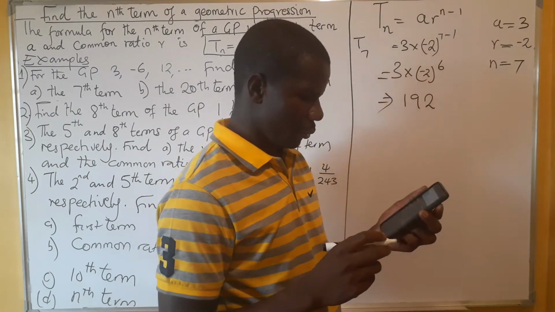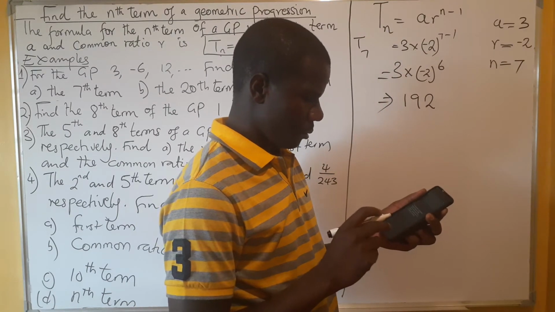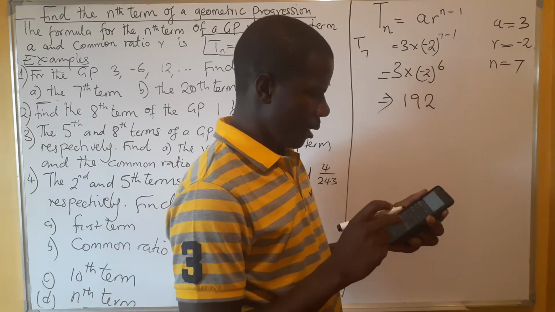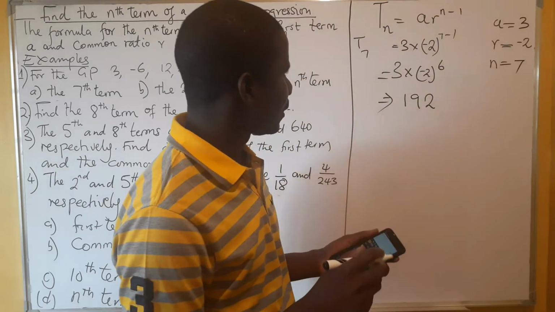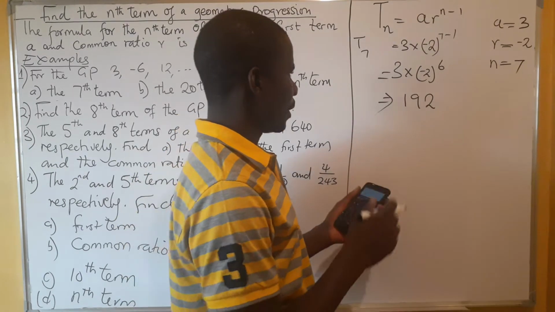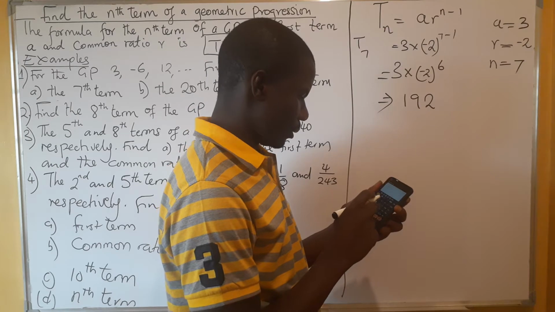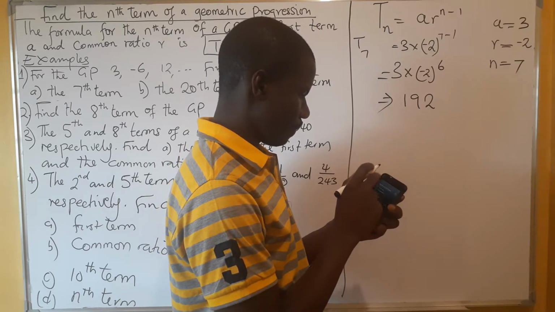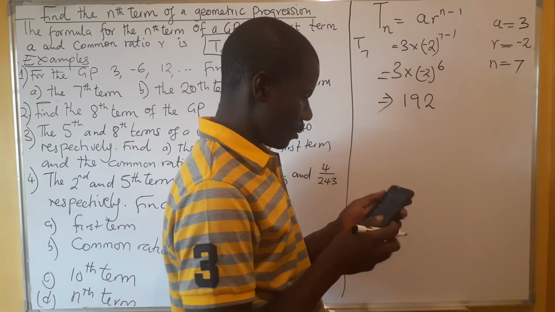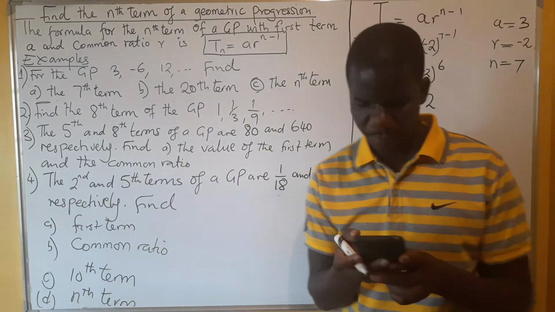Okay, let's try yours. Try according to yours and see if this is what you're going to get. Are we getting the same? Try if this is what you're getting, so that we don't make mistakes.